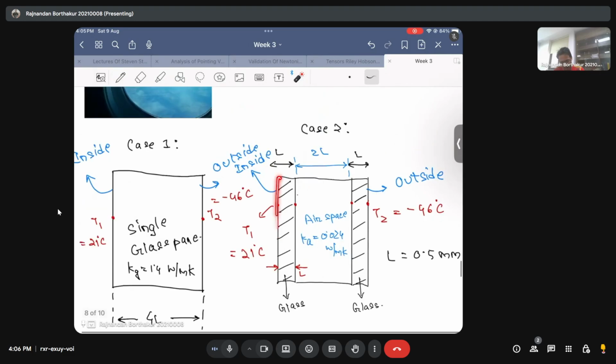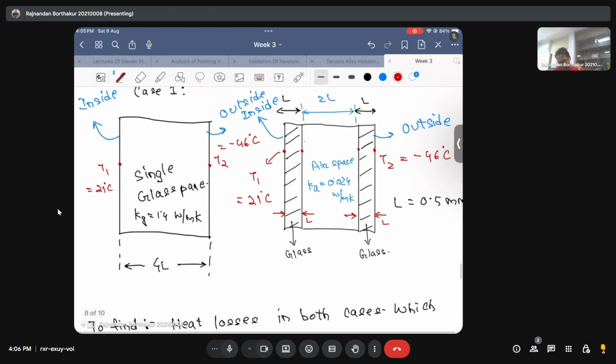So this length is also L, because these two glass panes are identical. So this length is going to be 4 times L. I'll not put a value to this L, I'll just keep it as a variable.